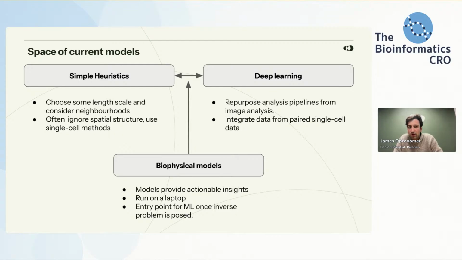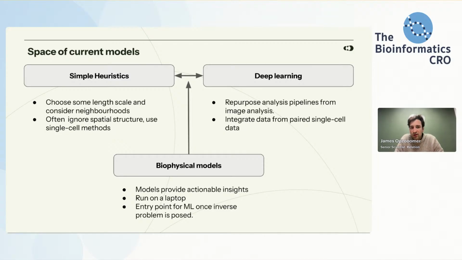On the right, we've got deep learning-based approaches. Now, these can be powerful, especially when they leverage analysis pipelines from the image space, or are often paired with single-cell data, but they're typically more data-hungry and sometimes less mechanistically interpretable. So BISTR sits in the biophysical model space in between.